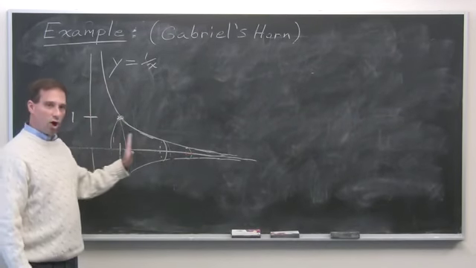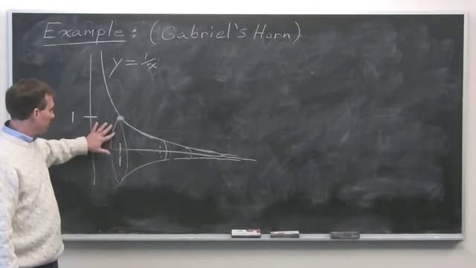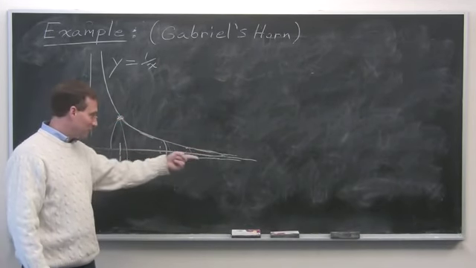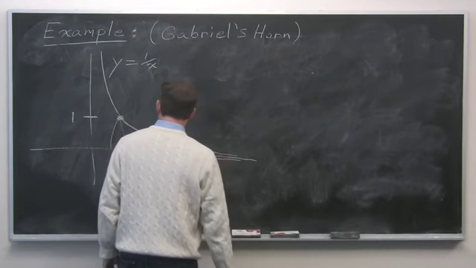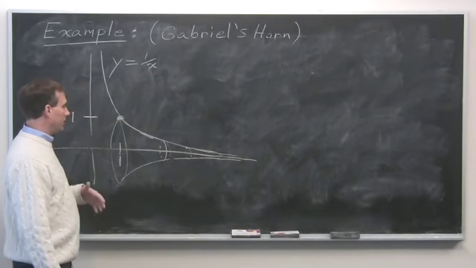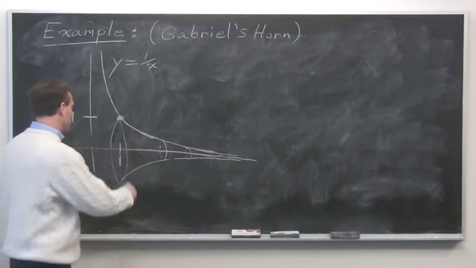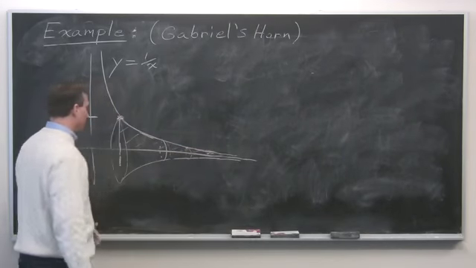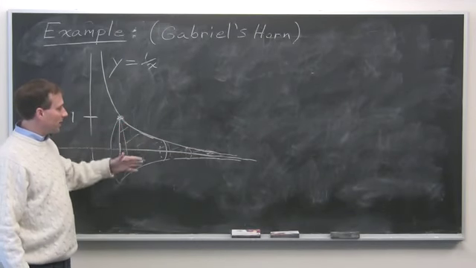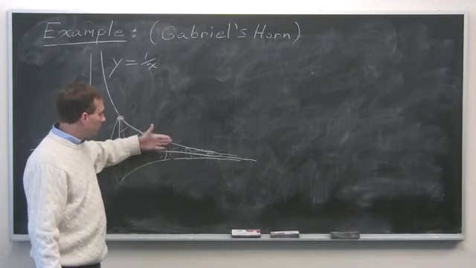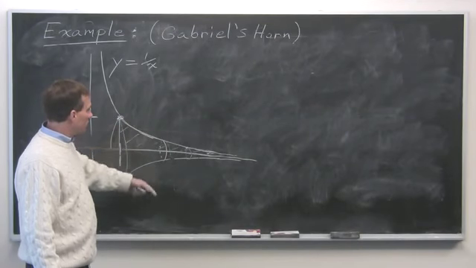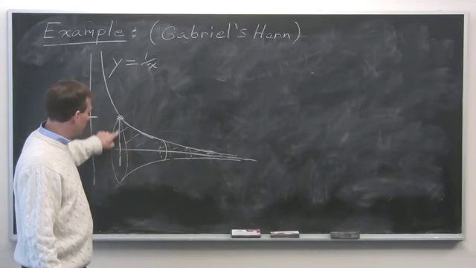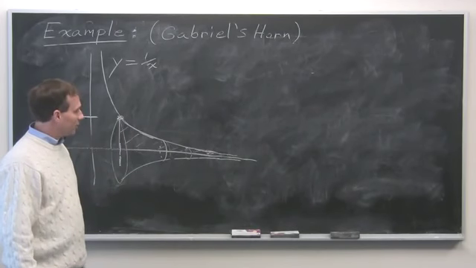So it looks kind of like a long trumpet or horn thing, with this being the big open end, and if it weren't infinitely far away, the mouthpiece would be down there. And what we'd like to do is calculate the volume of the solid of revolution. So you take this entire area under the curve and above the x-axis, and you rotate that around, so you calculate the volume of the solid of revolution. And we'd also like to calculate the surface area of the surface of revolution. Again, that doesn't mean you include this part over here.